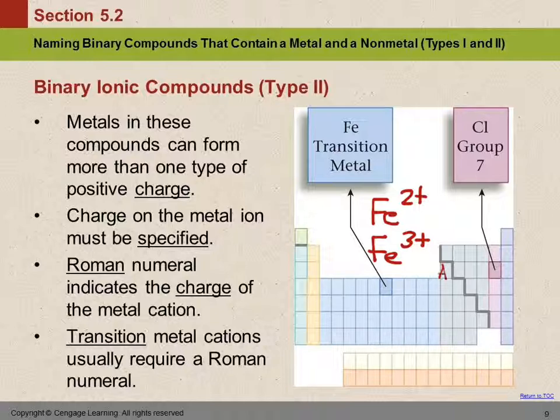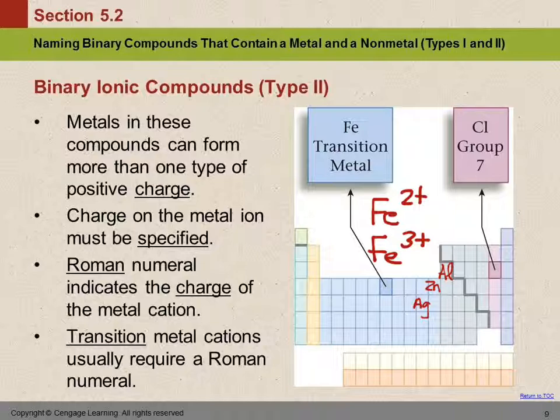Here's Al. Can you see that at all? There's Al, here is zinc, and here is silver. So zinc and silver are the two exceptions we are going to learn about in the transition metals that do not need Roman numerals. They don't use a Roman numeral because their charge is predictable.